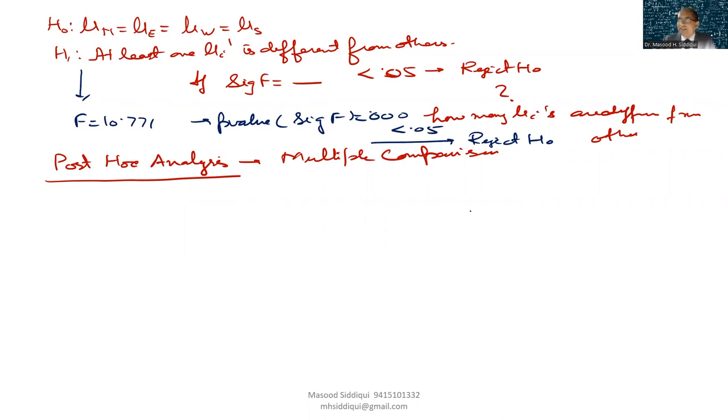Now the question arises whether all northern, eastern, western, and southern outlets are different, or some are the same and others are different. For that, we will be performing a post hoc test. As the name suggests, post hoc means it is done only after rejecting H naught. So it is in the form of multiple comparison.